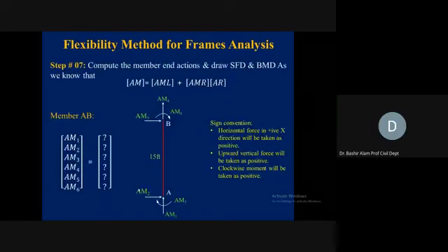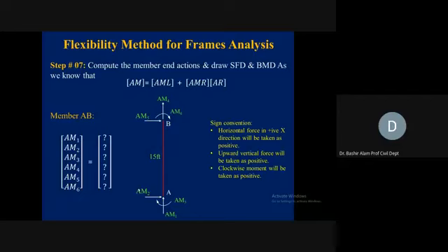Now let's find out the member end actions by using the matrix approach. Again, if you understood the beam method, it should be easy to find these member end actions. Initially we need to fix some positive directions, and I prefer to select upward, rightward, and clockwise as my positive direction.